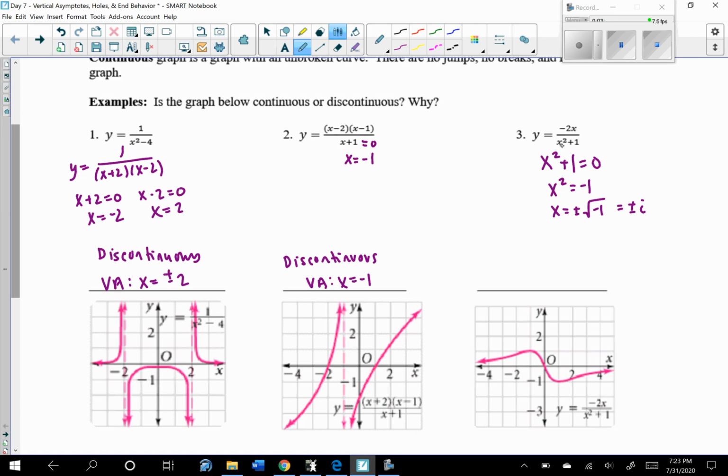If I plug in a negative number and square it, I'm still adding that 1. So that means that this denominator will never equal 0. So the graph is continuous.